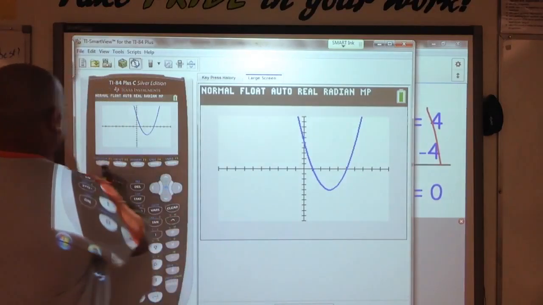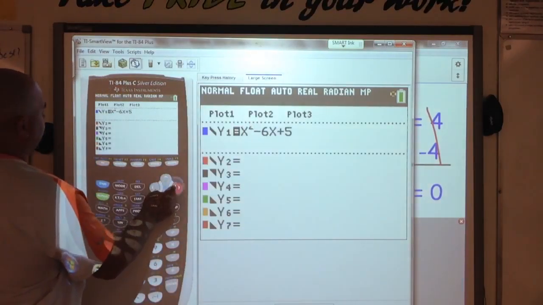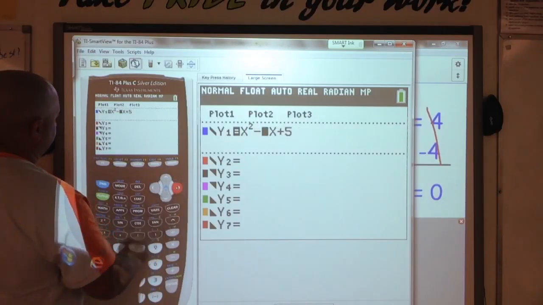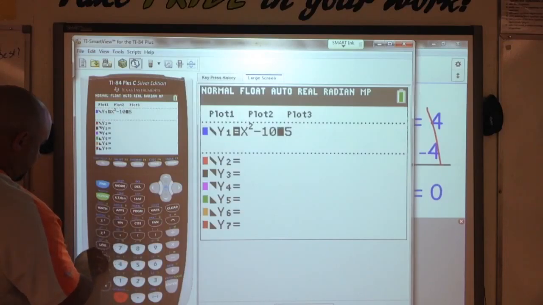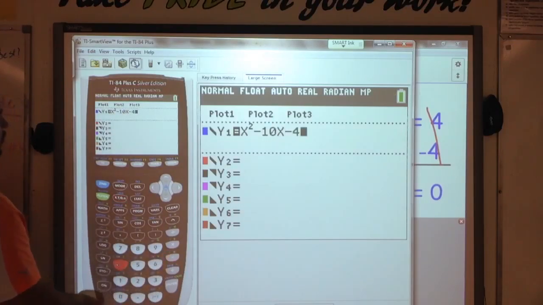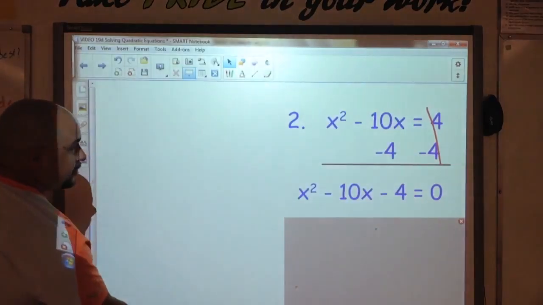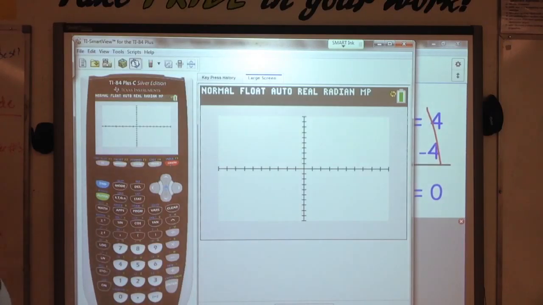So I go to my calculator, go to y equals, and type x squared minus 10x, and then minus 4. Let me make sure I got that right. Yep, minus 10x minus 4. And I hit graph.